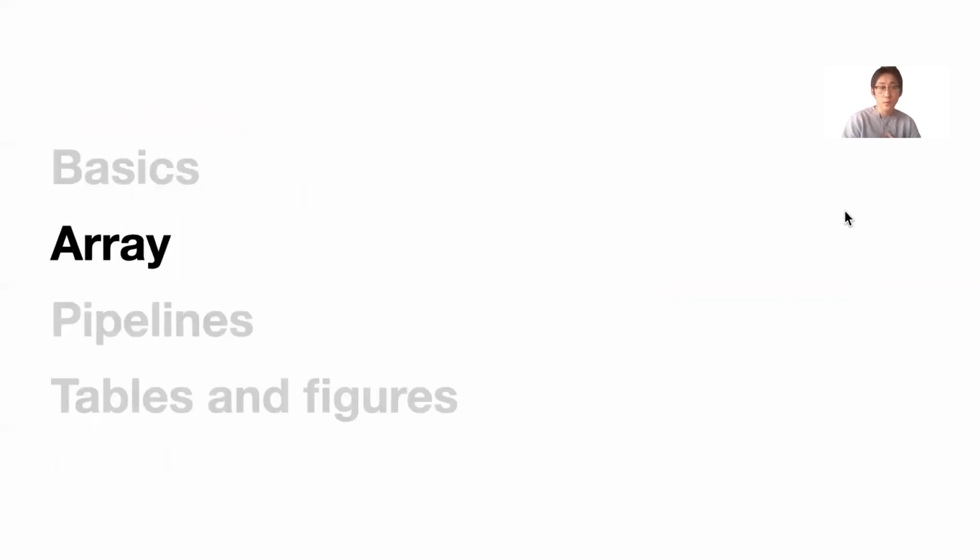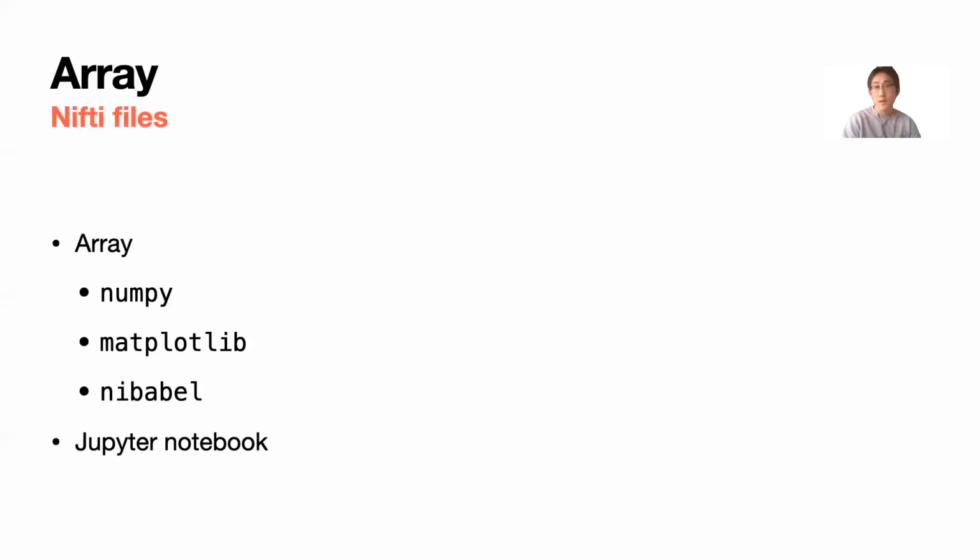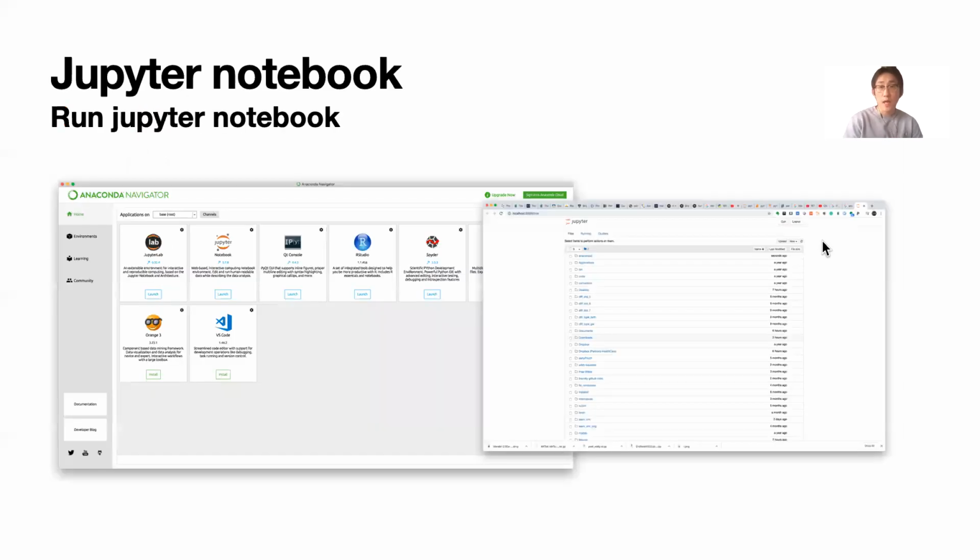So today we're focusing on array, and we'll be using libraries called NumPy and matplotlib, using Jupyter Notebook. So if you have your Anaconda installed, you will have Anaconda Navigator like this, and you will see Jupyter Notebook here.